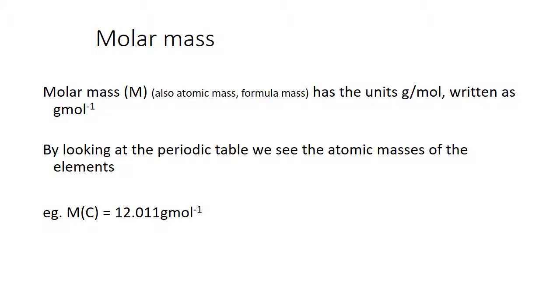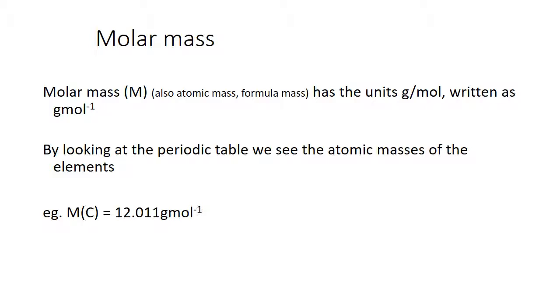Right, so molar mass is something which will be introduced this year in IB. You touched on relative molecular mass, but molar mass, also known as atomic mass or formula mass, has units of grams per mole, written as g mol^-1. If you look at the periodic table, this is what the masses of the atoms are calculated in.